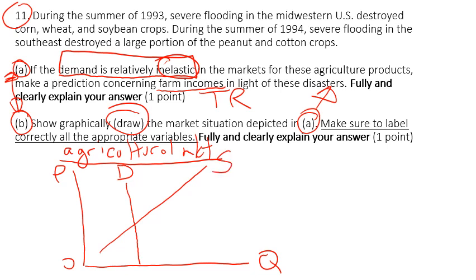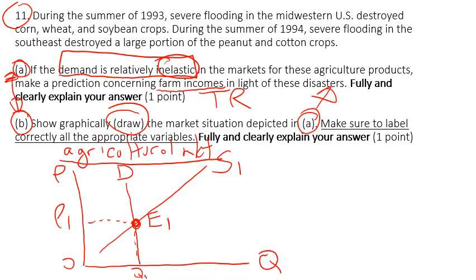Let's label this as S1, because we know what's coming. So this is the first equilibrium, E1. This is P1, and this is Q1.